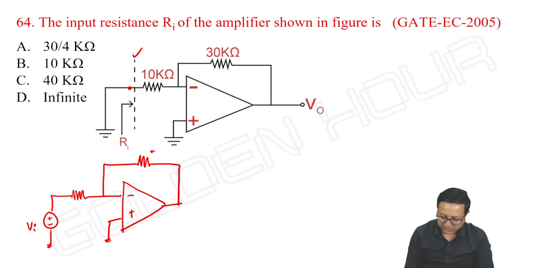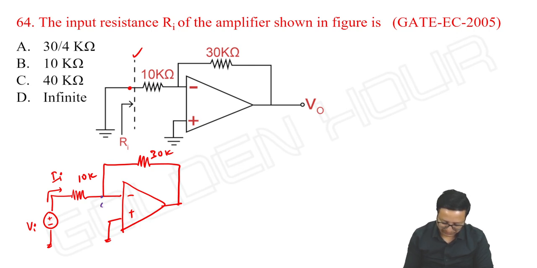Vi input, it is 30K, 10K. Then the current going out of the source is Ii. So what is the value? 10K only. We are well aware of it.